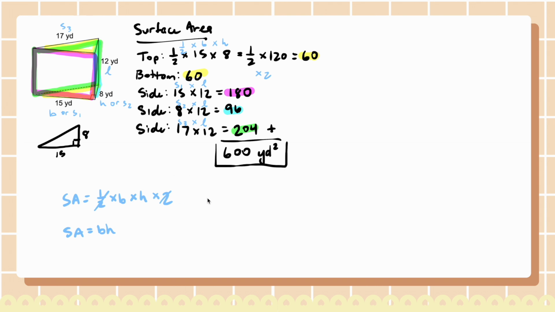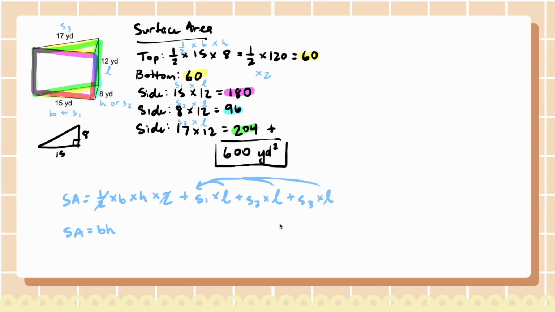And to put this into our formula down here, we're essentially adding each of these terms. So S1 times L plus S2 times L plus S3 times L. But notice that we have an L in each of these 3 terms. So what we can do is we can actually factor out this L from each of the 3 terms.